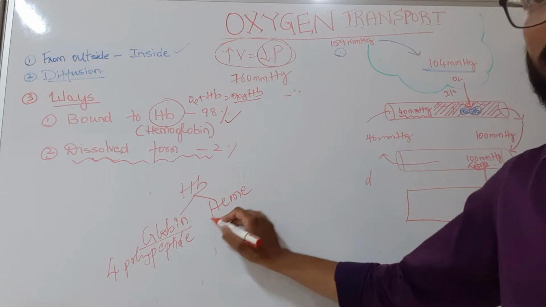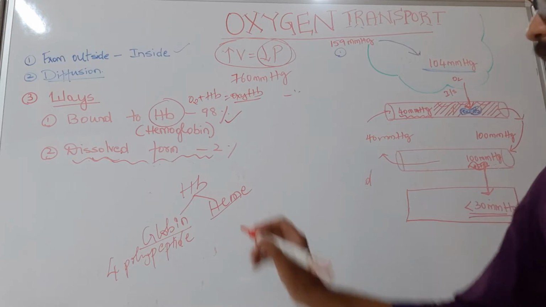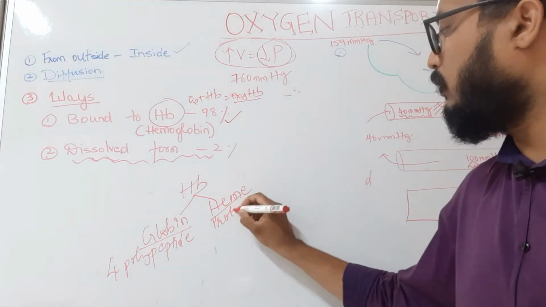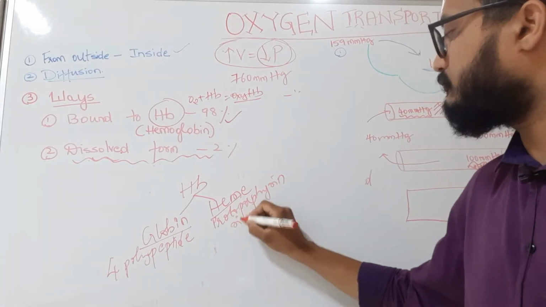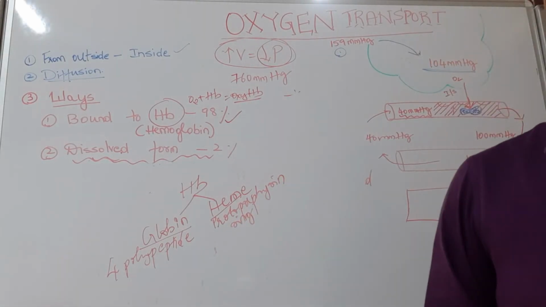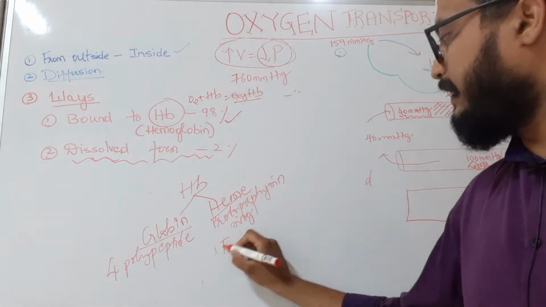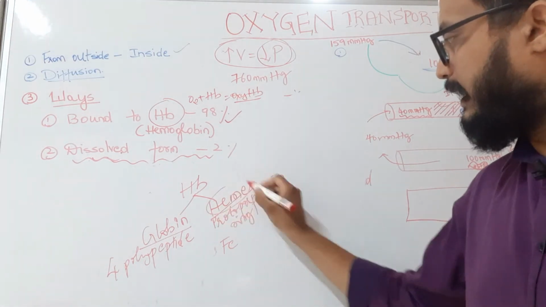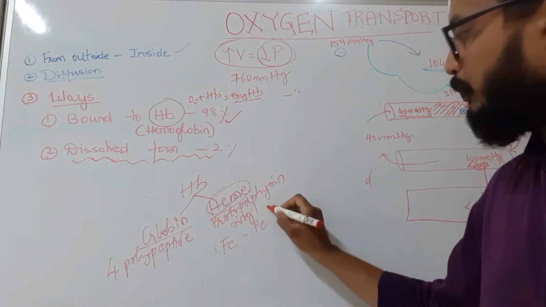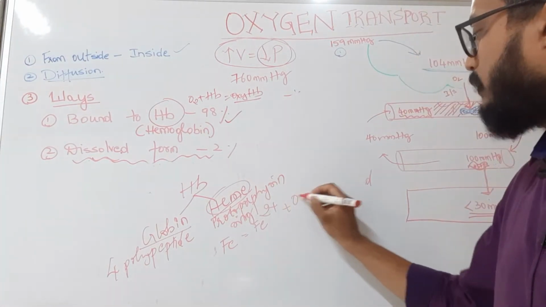Whereas the heme part is an organic part and we all know it is made up of protoporphyrin ring, and it has got a central iron molecule. The iron which is present in the heme is always in the Fe2 plus or in the ferrous state. Then only it binds with the oxygen.